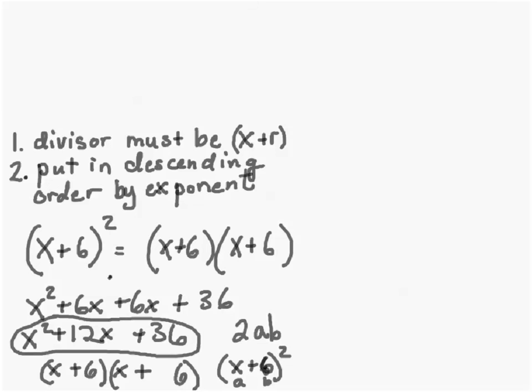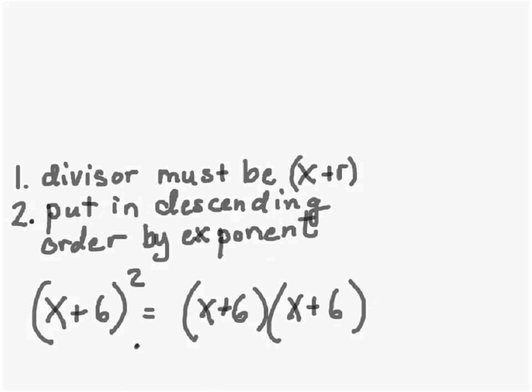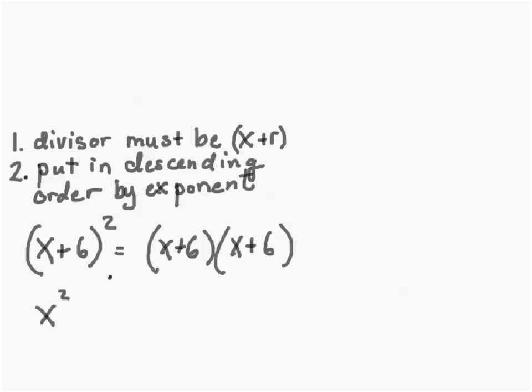I guess so. So try one. I want you to try one on your own. I understand it when you throw numbers in, it's just that 2ab. How do you get 2ab? Basically, if you look at your first term and your last term, and they're perfect squares. So what if you have x squared plus 14x plus 49?